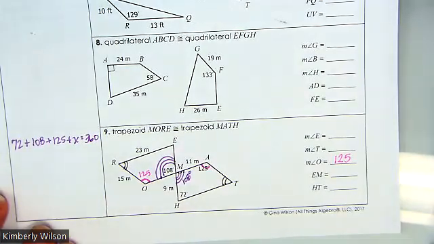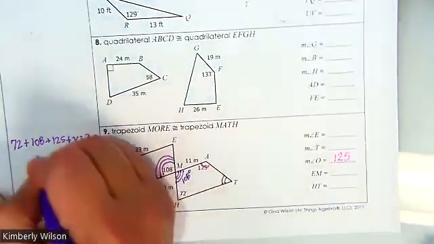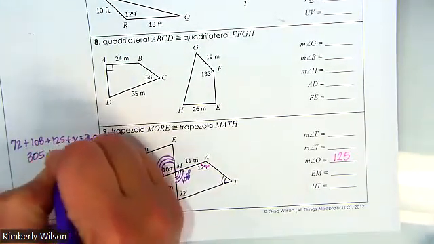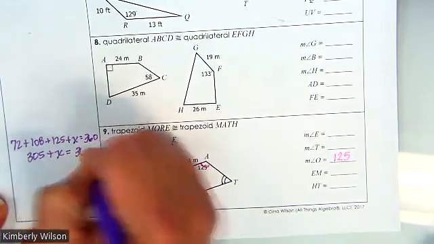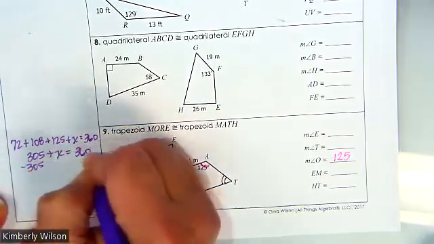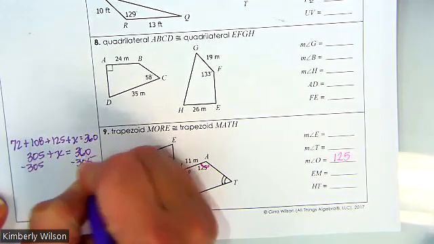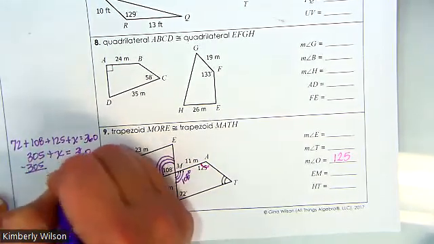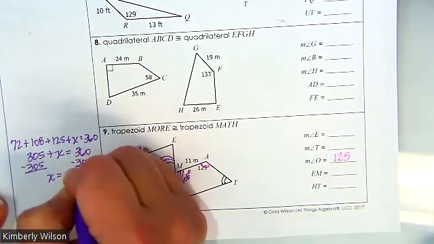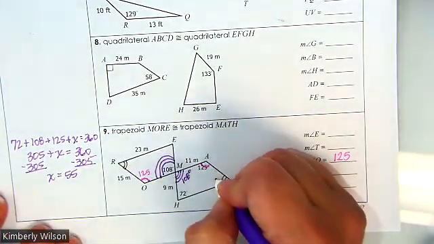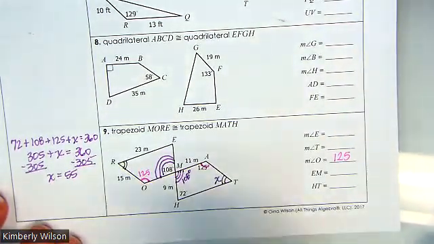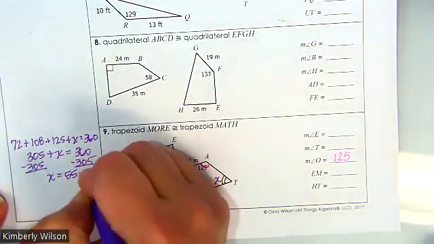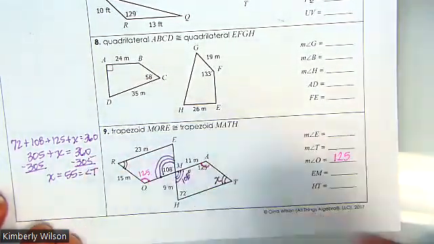This is the equation that I use to solve. 72 plus 108 plus 125 equals 305, so 305 plus x equals 360. Subtract 305 from both sides, and we get x equals 55, and x right now is angle T. So this is angle T.